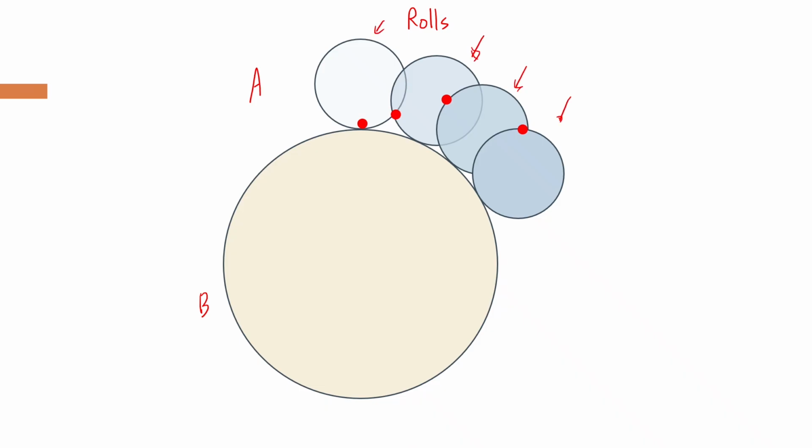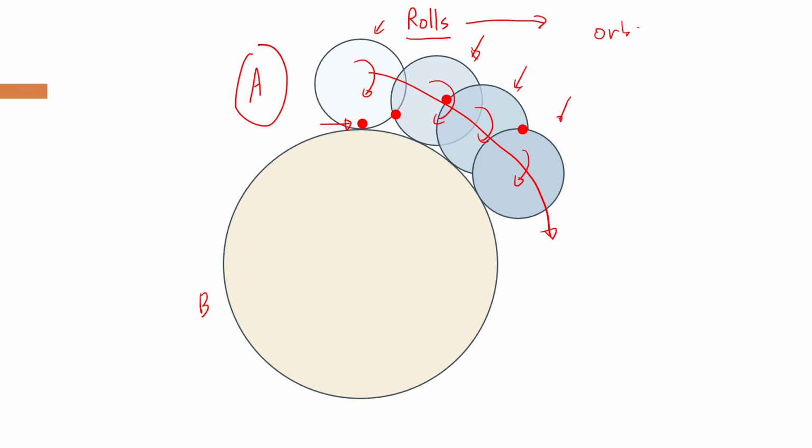As you can see, while A orbits around circle B, A is also rotating. Why? Because if you pay attention to this red dot here, as A rolls around circle B, this little red dot is rotating at the same time. So rolling is a combined motion of orbiting and rotating.